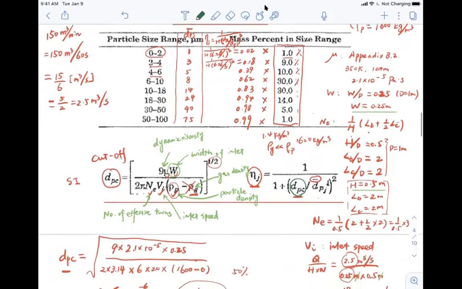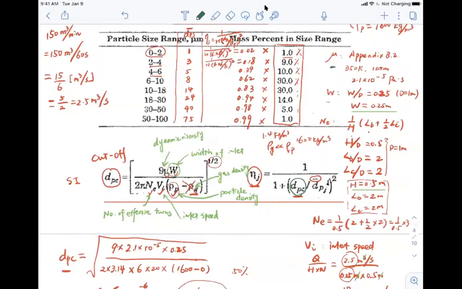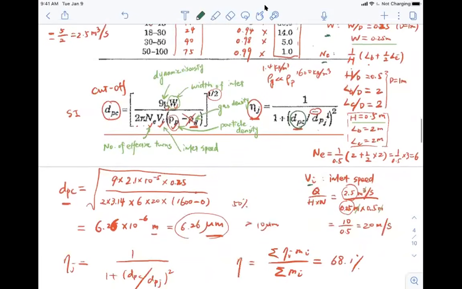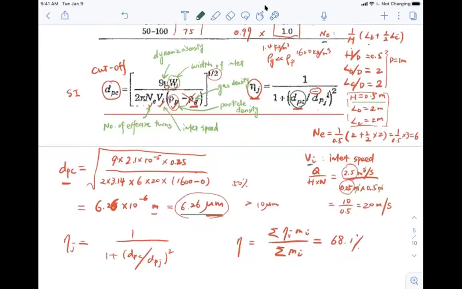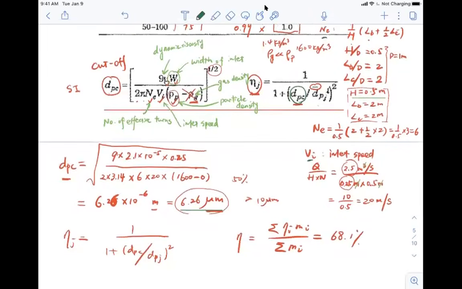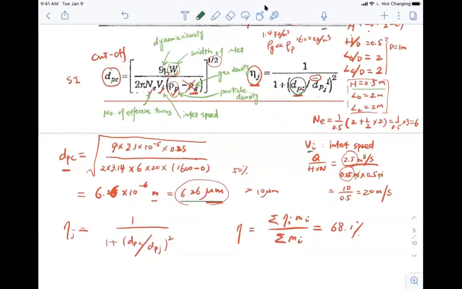So we spent quite a lot of time to basically summarize or to identify all of these parameters. So once we got all of these parameters, we plug it in to find DPC. So we get a size that's in the range of 0 to 10 microns, right? That's a typical cutoff size, like the order of magnitude. And then we're going to use this DPC value to plug in to find what is the efficiency in different size range. So eventually we're going to find the overall efficiency.